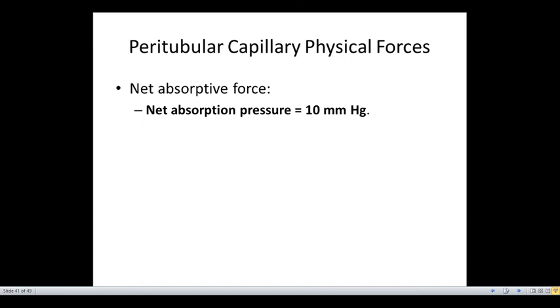The net reabsorptive force is 10 millimeters of mercury, causing fluid and solutes to be reabsorbed into the peritubular capillaries as they are transported across the renal tubular cells.